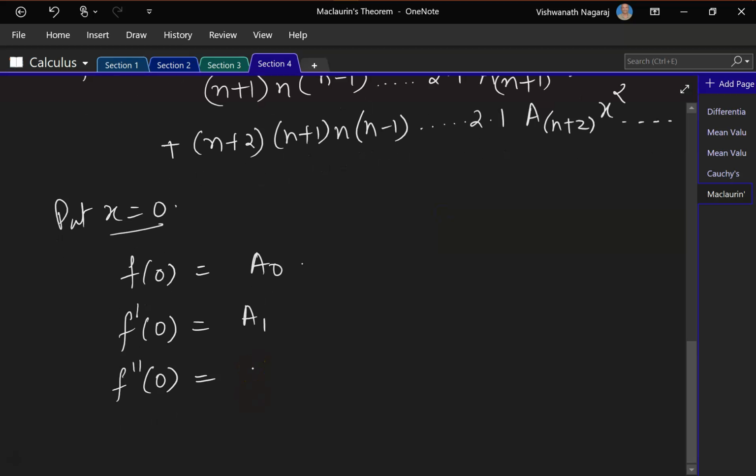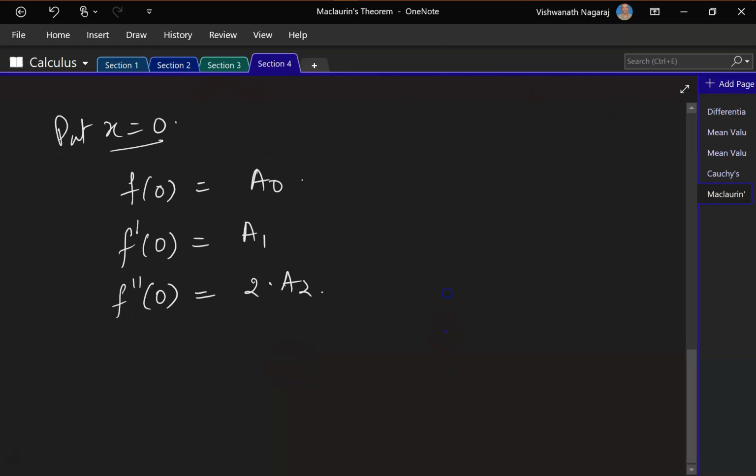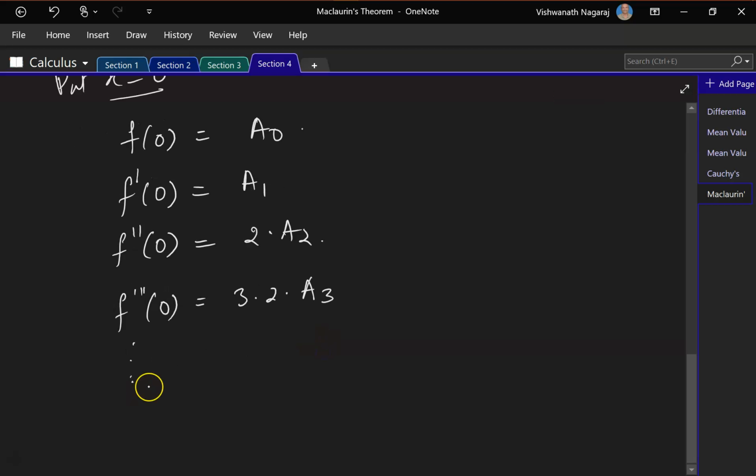That will be 2 times a2. F triple prime of 0 would be what? 3 times 2 times a3. Okay, so let's just evaluate it here itself. The nth derivative of f at 0 is equal to what? See, 3 times 2 times 1, 4 times 3 times 2 times 1. So this is nothing but n factorial times an.